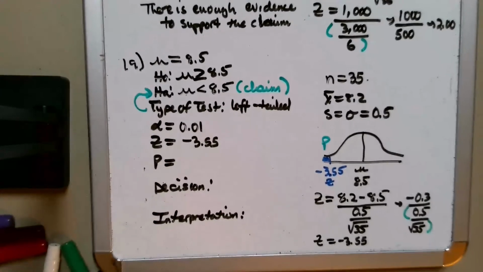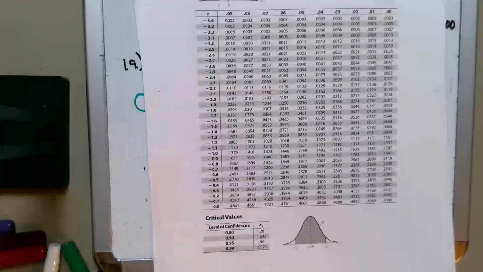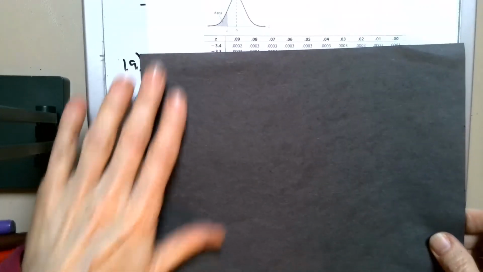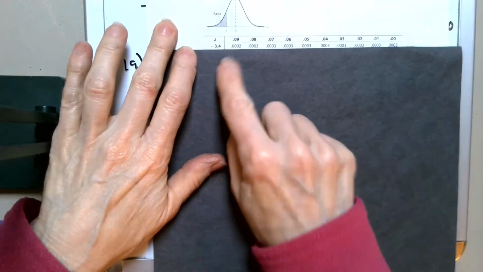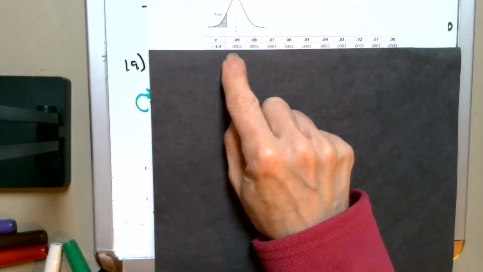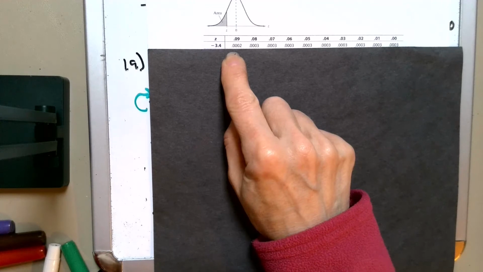So again, I'm going to go to the negative z side of the table and look up a z-score of negative 3.55. So I can't look up negative 3.55, kind of like what we did in number 17. The smallest z I can look up is negative 3.49, which is going to give you an area of 0.0002. So maybe it's even smaller.